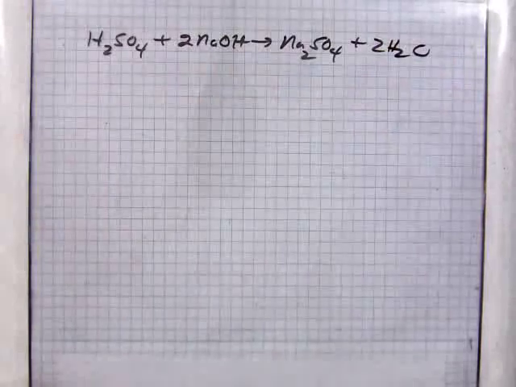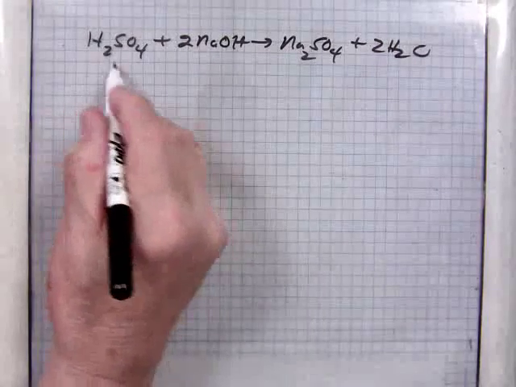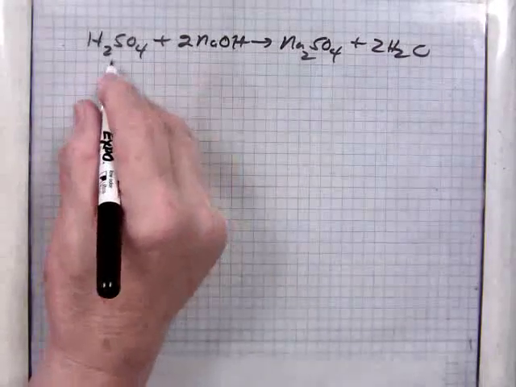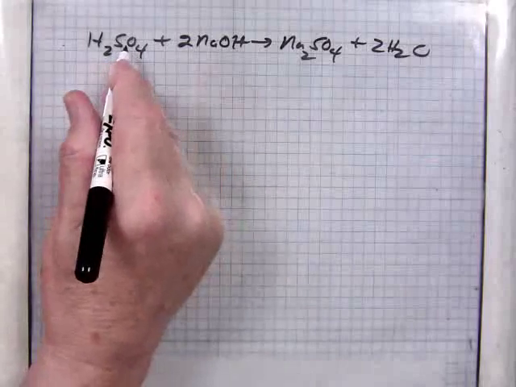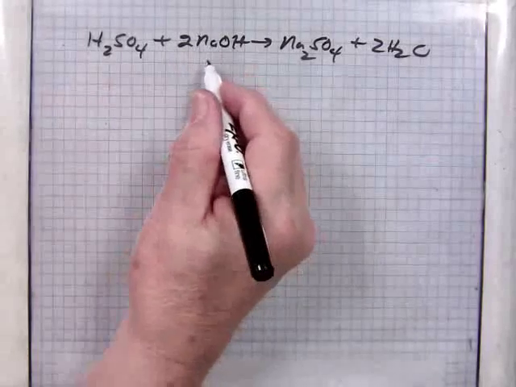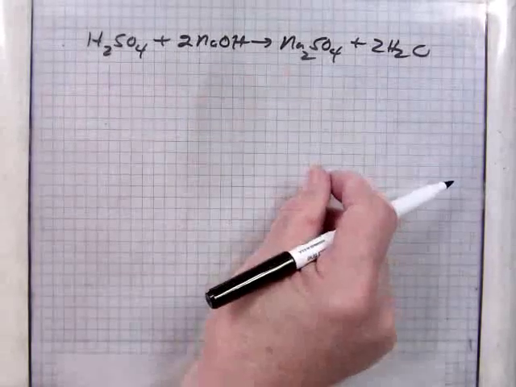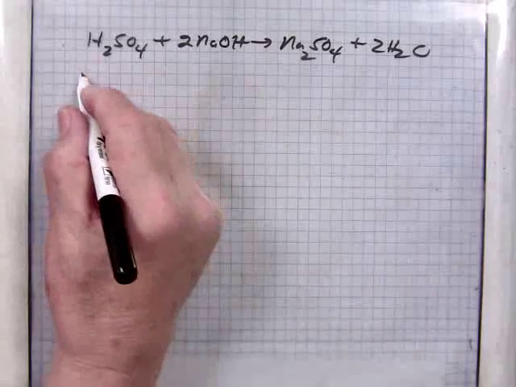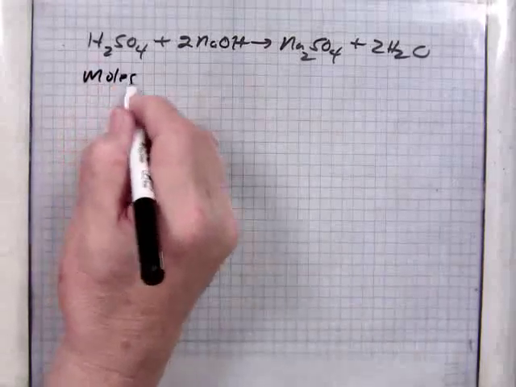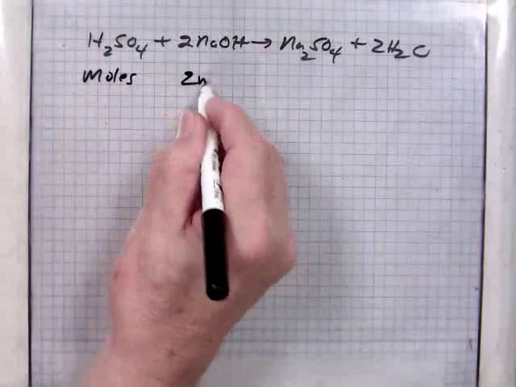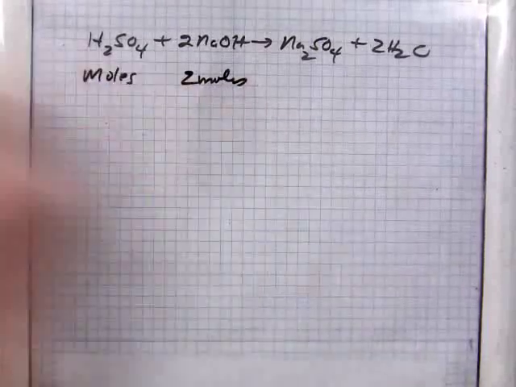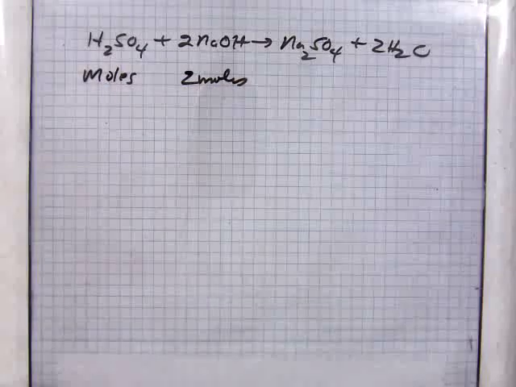And the data that came to you was in terms of solution data. You have molarity and volume given on the H2SO4 and molarity times volume of the sodium hydroxide. So 1 mole against 2 moles is what the equation's telling you.